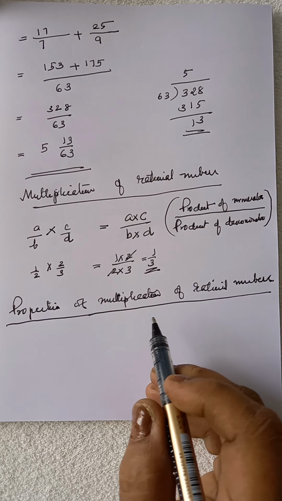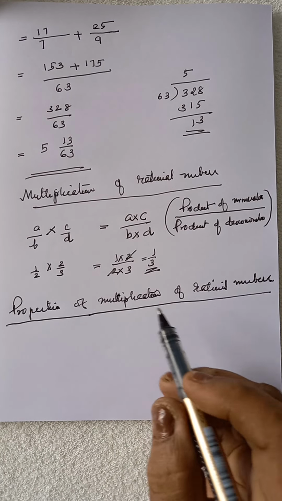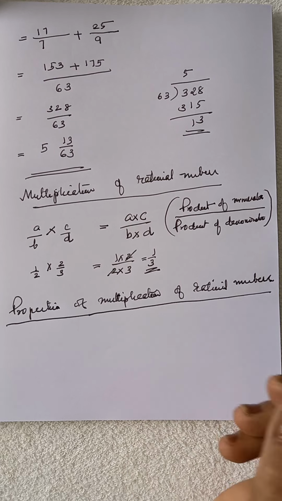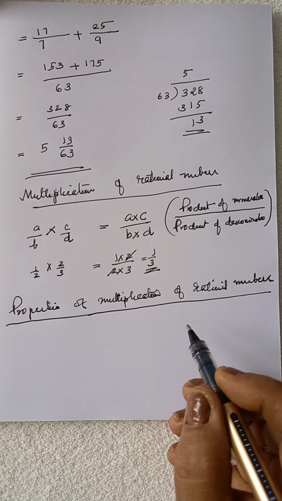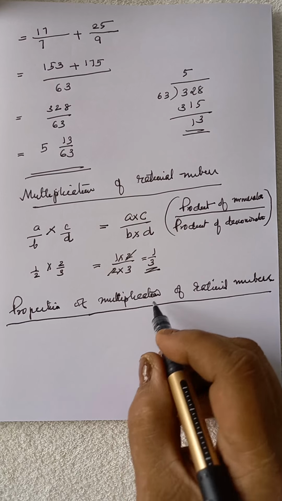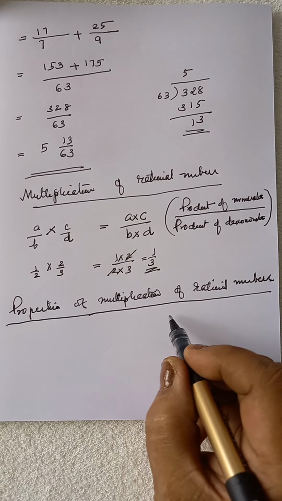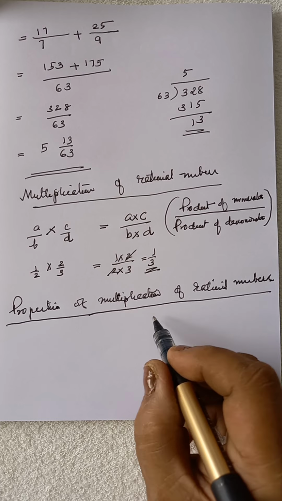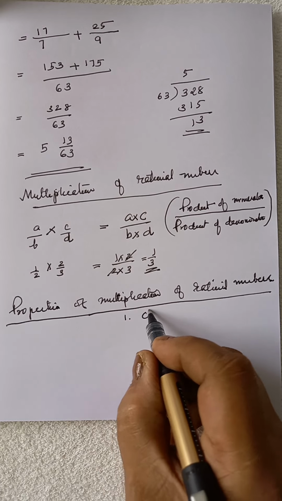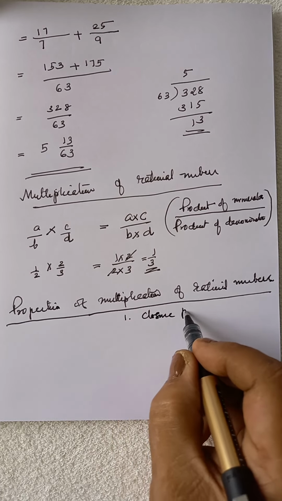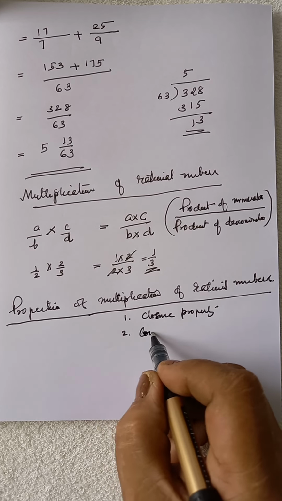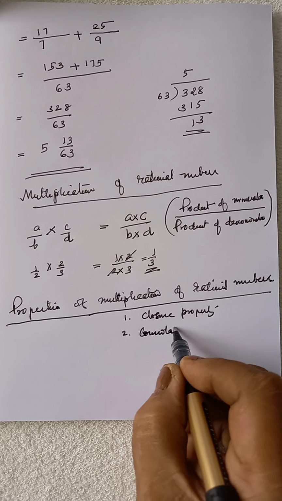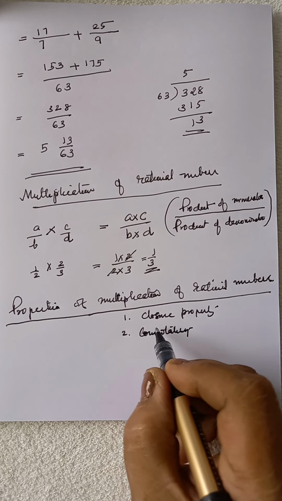So now let us discuss some properties of multiplication of rational numbers. As we have discussed earlier in the case of addition and subtraction of rational numbers, closure property is there. Second one is commutativity.